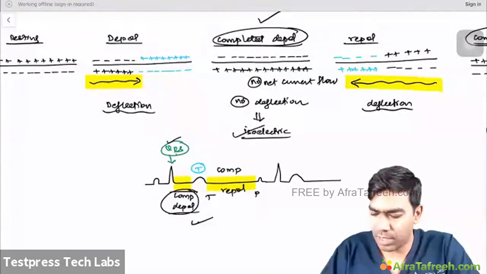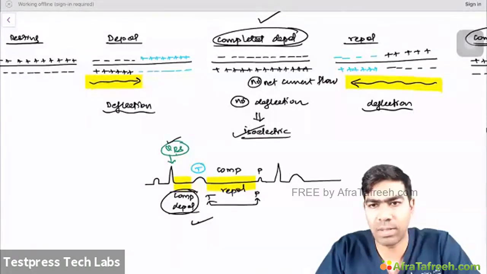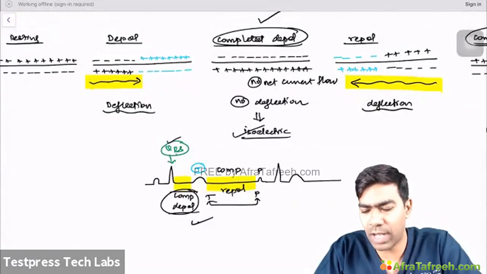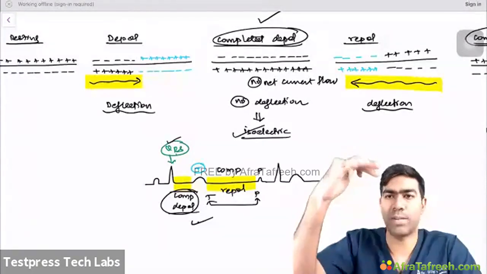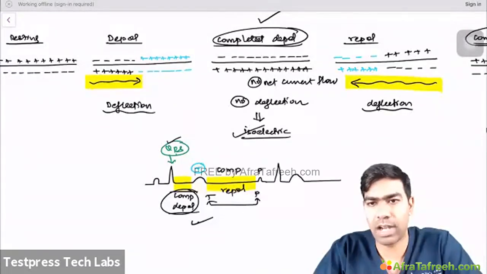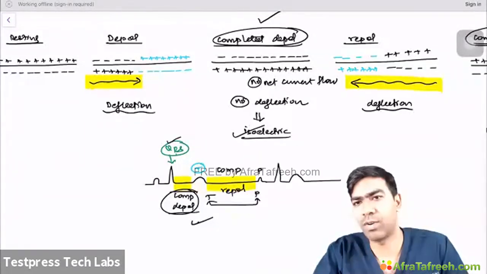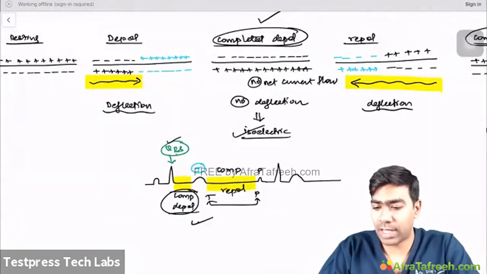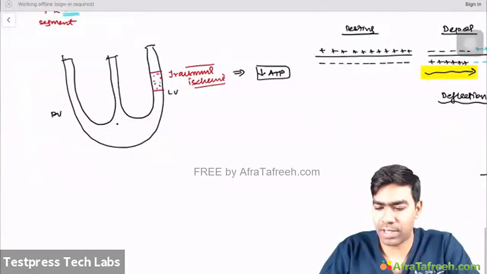This is a TP segment only. This is a T wave, this is a P wave that starts it. So there is no net current flow, and if you do not have any net current flow, you'll have an isoelectric segment only. Suppose you have any net current flow during the isoelectric segments, those segments can be elevated or depressed. And who's going to produce this kind of net current flow? Typically, your injury currents. These injury currents are going to happen in the setting of ischemia.